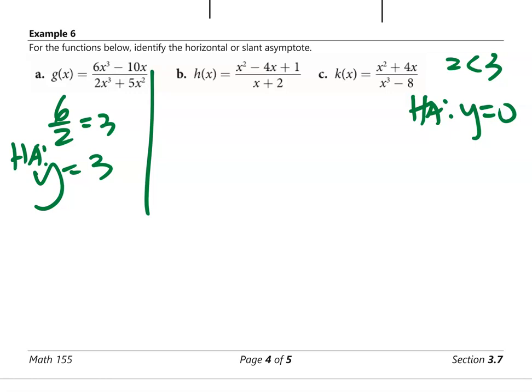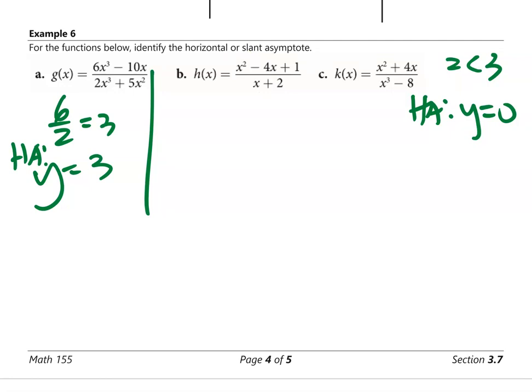So meaning you have a slant asymptote here. One of the reasons for that is when you divide x squared over x, you get x, and you expect that it's going to be a line. So how do you get the exact equation of that line? All you have to do is divide the numerator and the denominator.